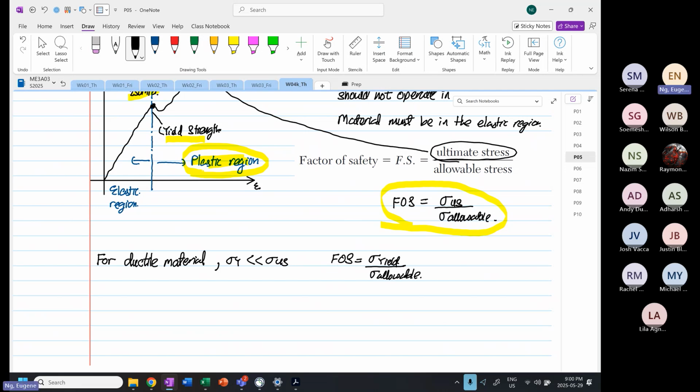Now we might say, Eugene, then the textbook is wrong. Not necessarily. Okay? That formula provided by the textbook is also partially correct.